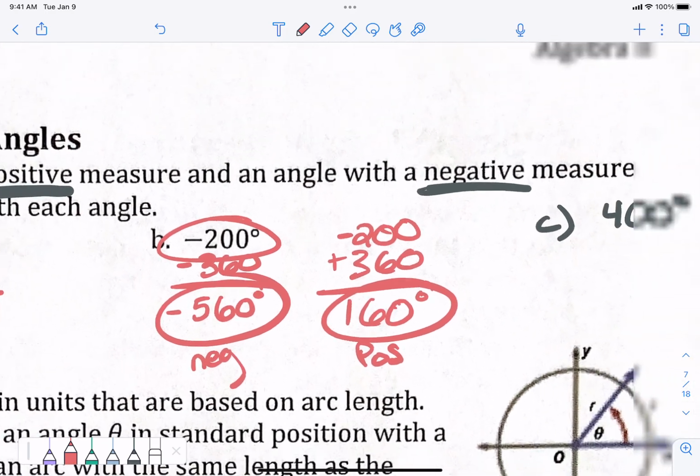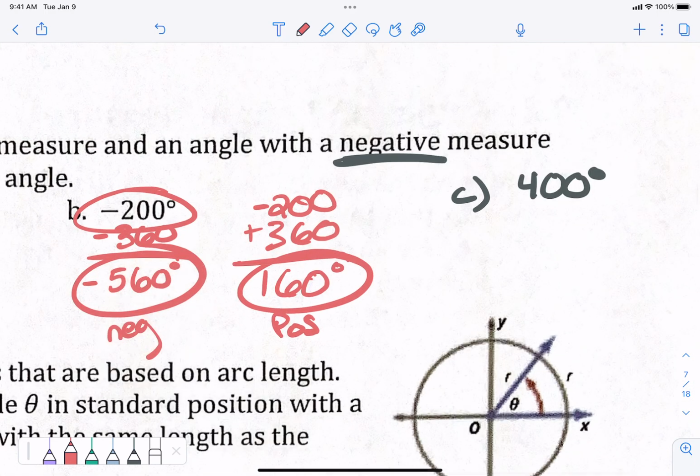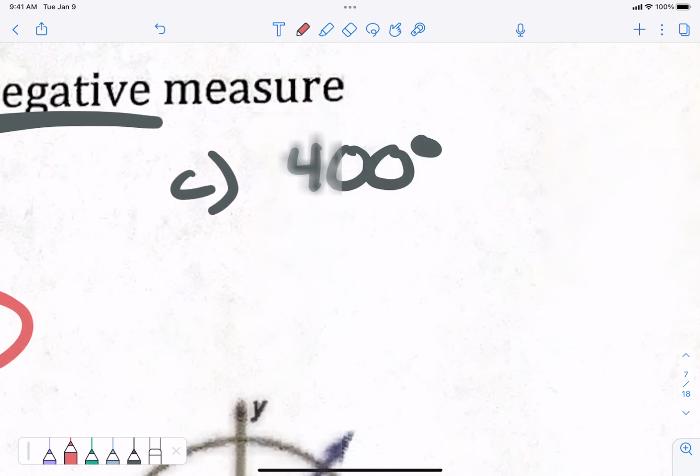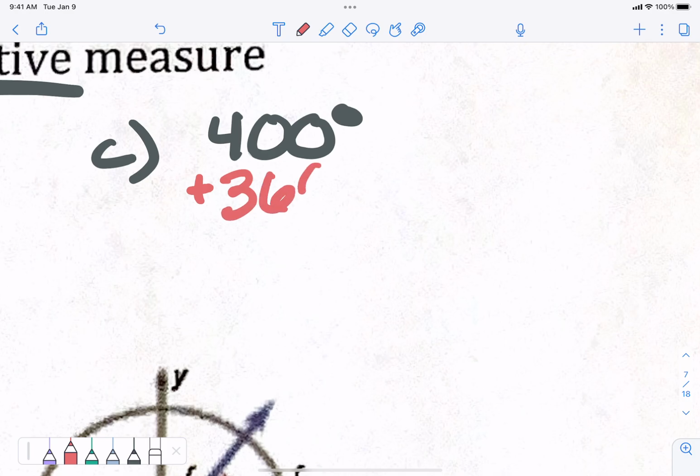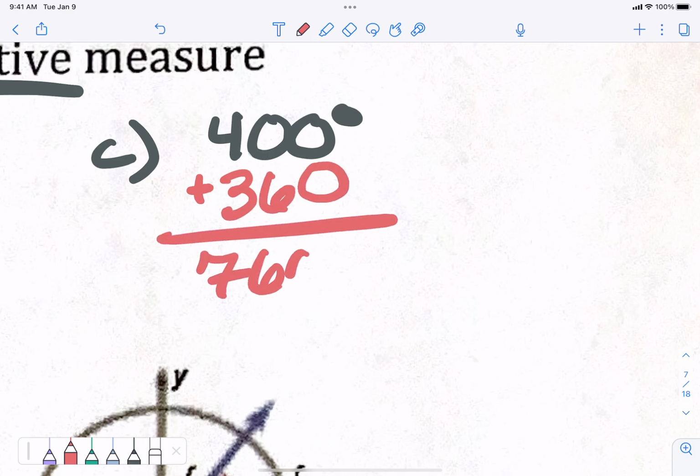Then C, I added on here, 400 degrees. I want to know a positive and a negative coterminal angle with 400 degrees. So I'm going to do the same thing as what I did a second ago. Let's add 360, and I get 760 degrees.